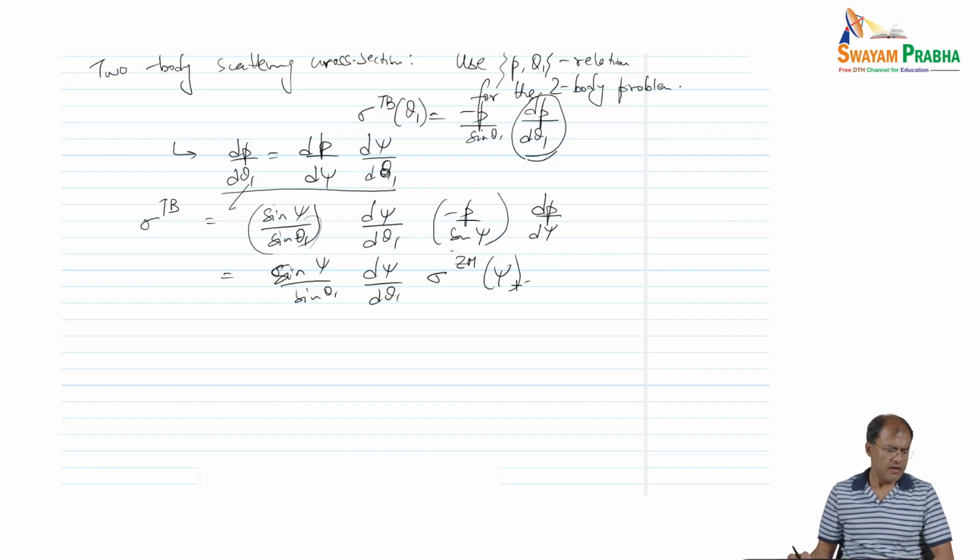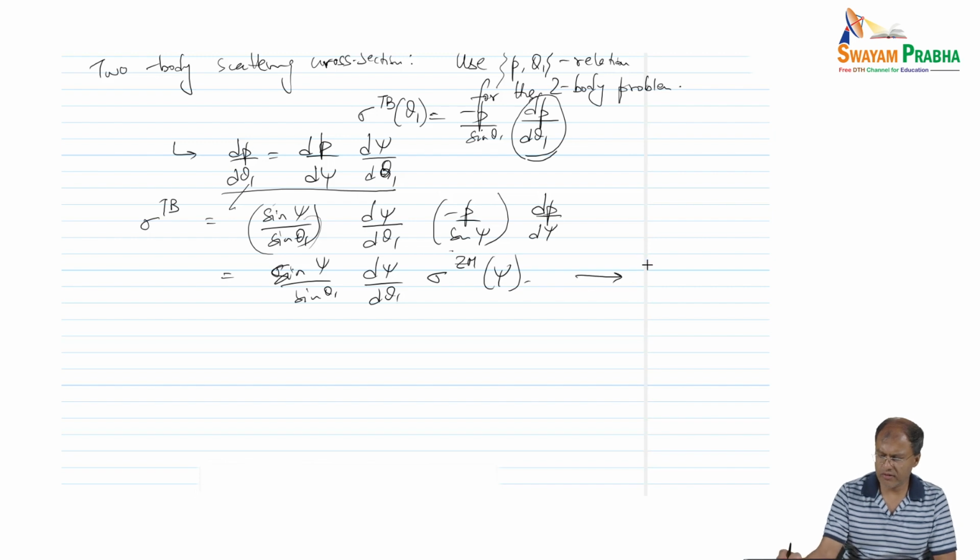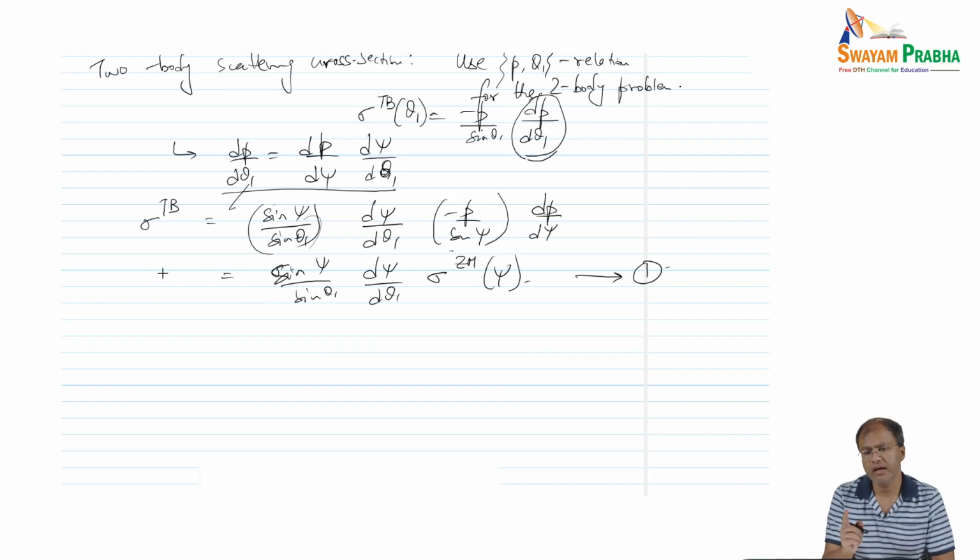Okay, let us call this expression 1 because we will be using it later. We can write this two-body setup in the zero momentum frame by replacing our mass m1 by the reduced mass, and theta by the scattering angle psi.